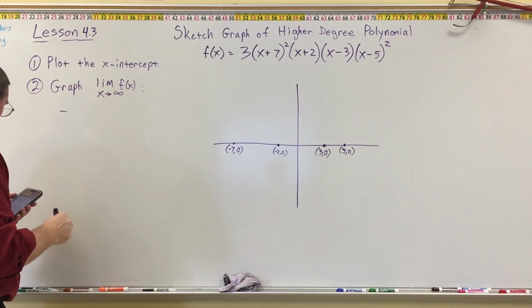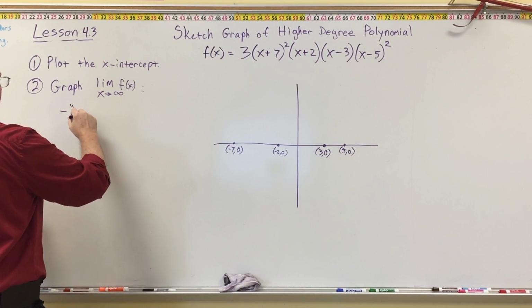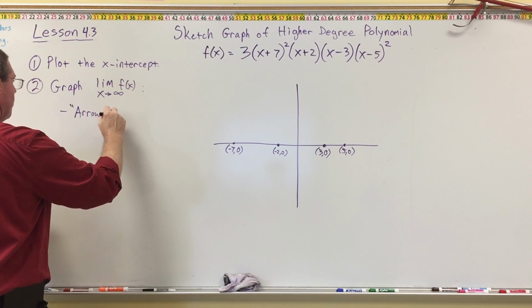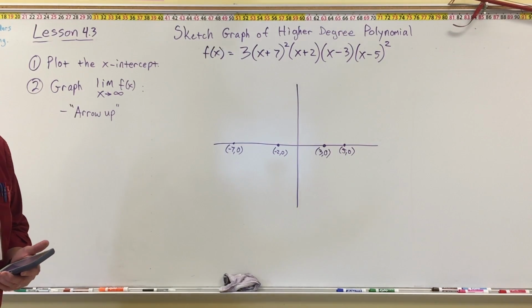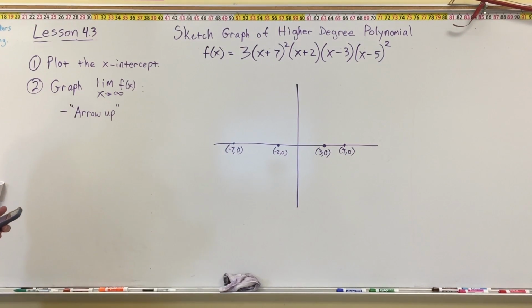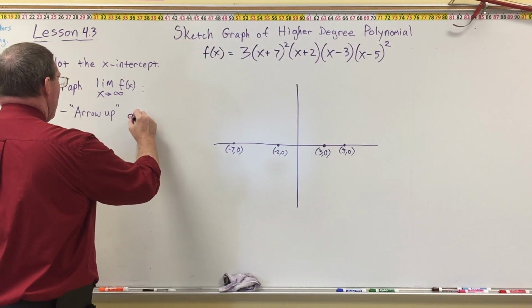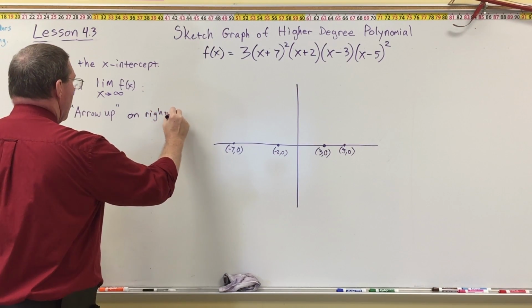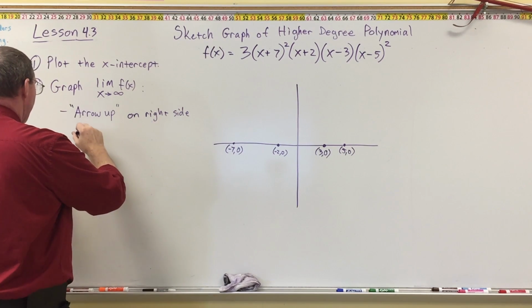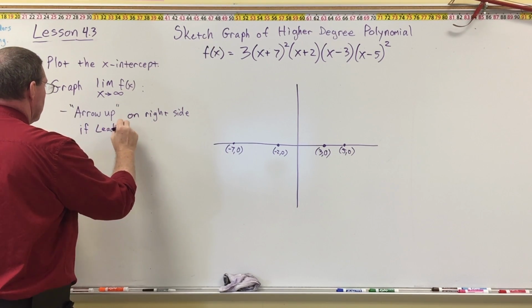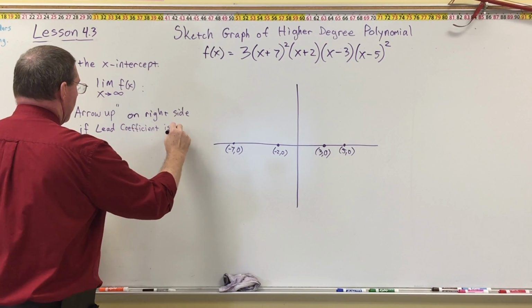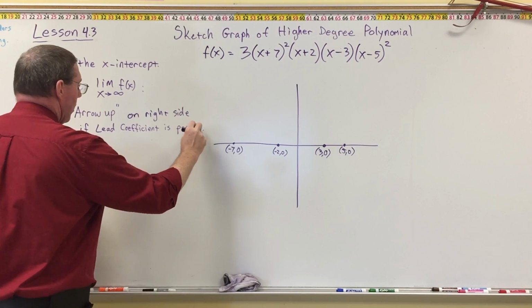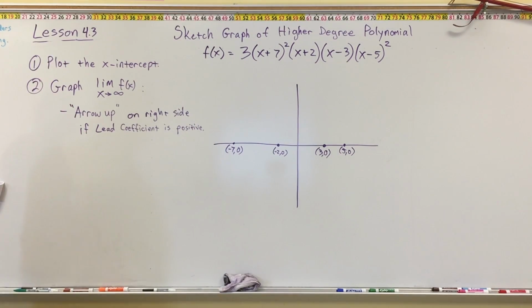Either you're going to draw an arrow up, literally an arrow pointing up, on the right side if the lead coefficient of the function is positive. I'm pretty sure we talked about this the other day. And what's the lead coefficient of this function? 3. And that's a positive number, right?